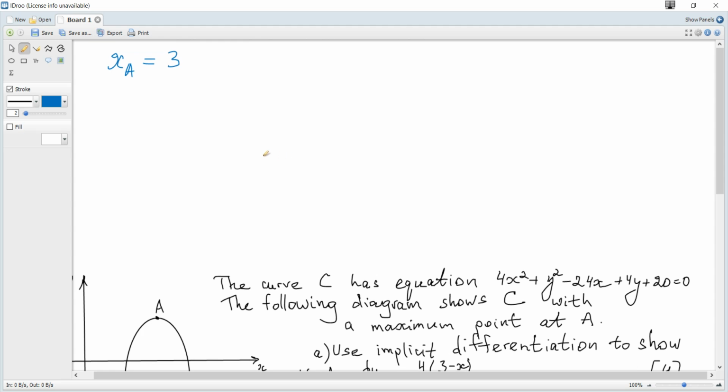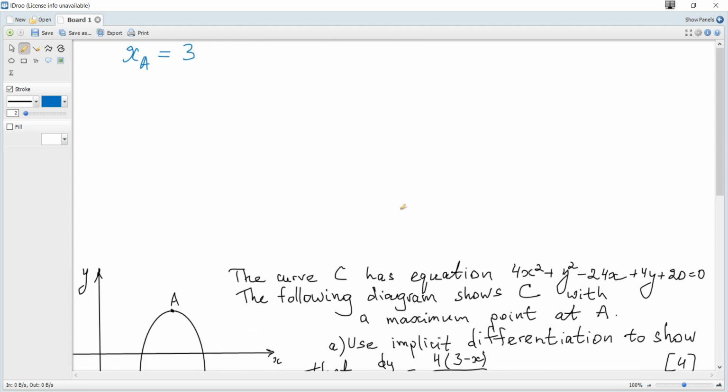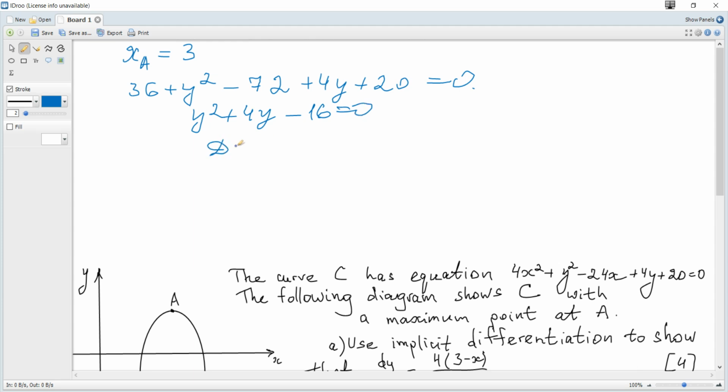Again substituting 3 for x, we get 4 times 9, 36, plus y squared minus 72 plus 4y plus 20 is 0. So y squared plus 4y, negative 36 plus 20 minus 16 is 0.